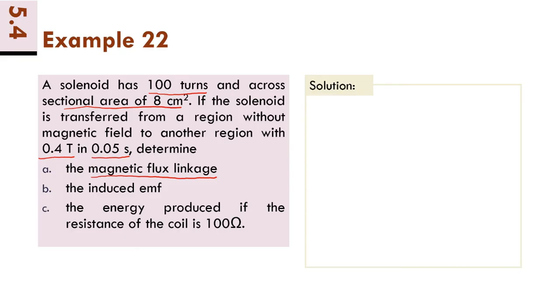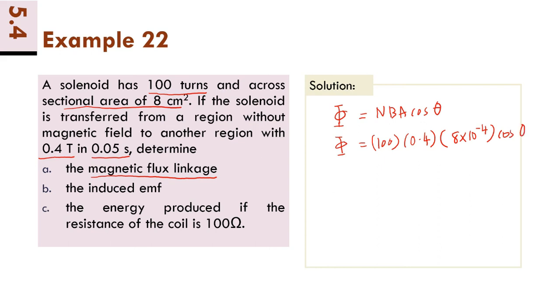So the magnetic flux linkage, which is equal to capital Phi equal to N B A cos theta. So N is 100, B is 0.4, area 8 times 10 negative 4, please change to meter squared, and then cos theta equals 0.